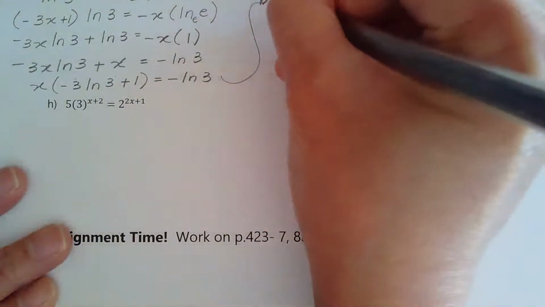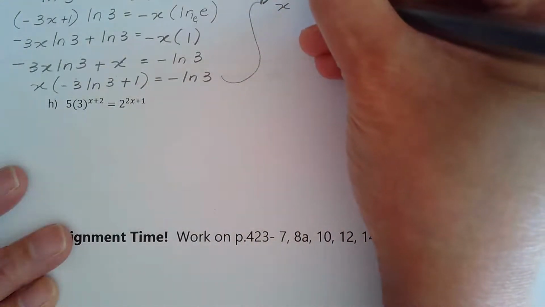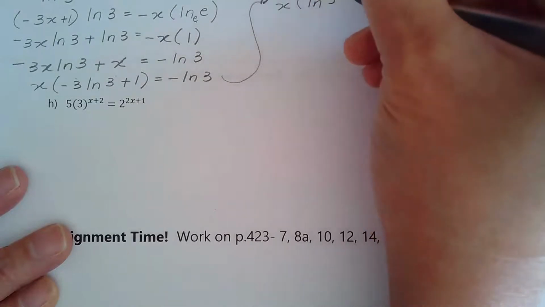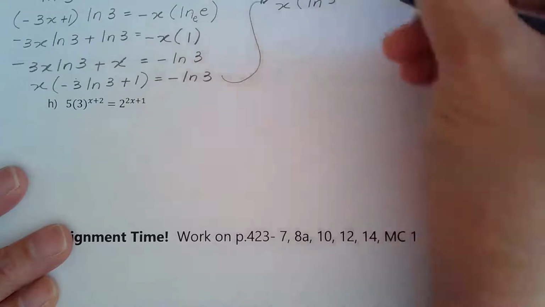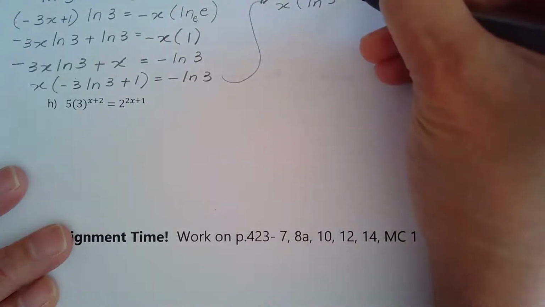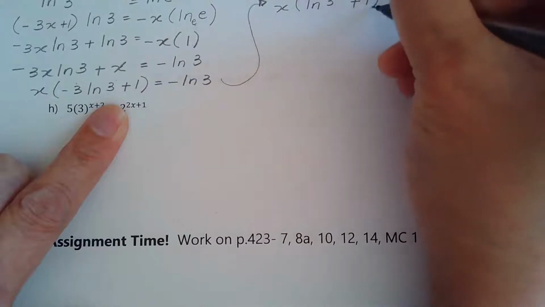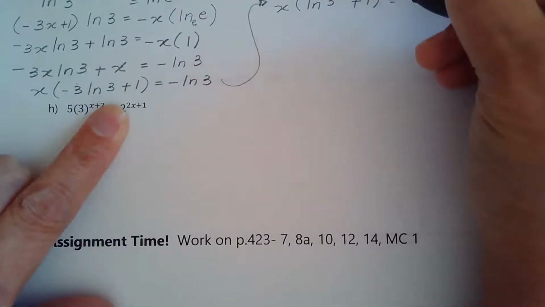So it becomes x times natural log of 3 to the negative 3 plus 1 equals negative natural log of 3.